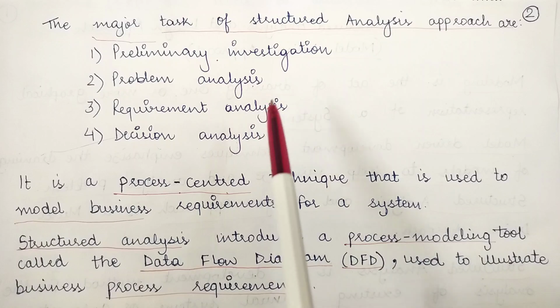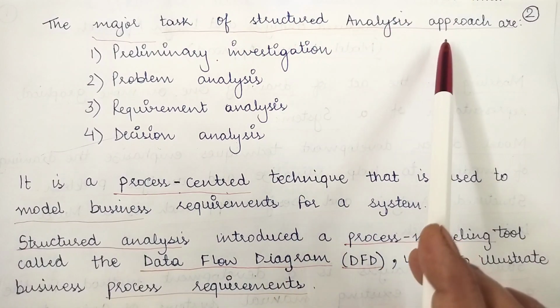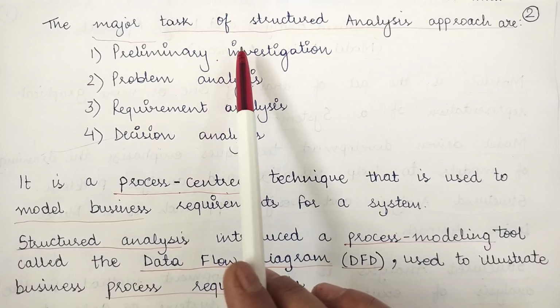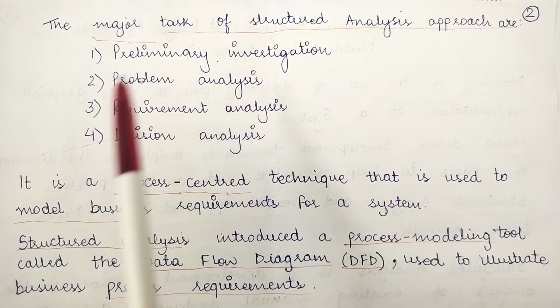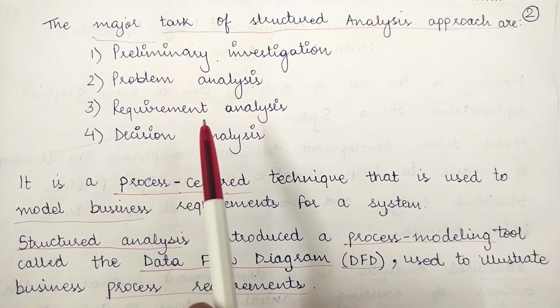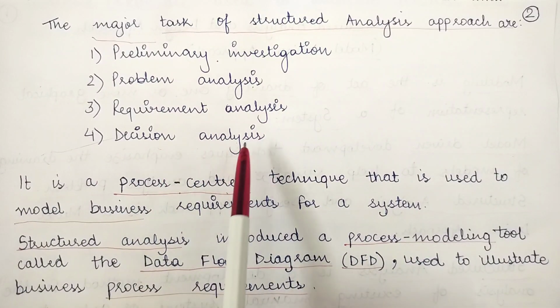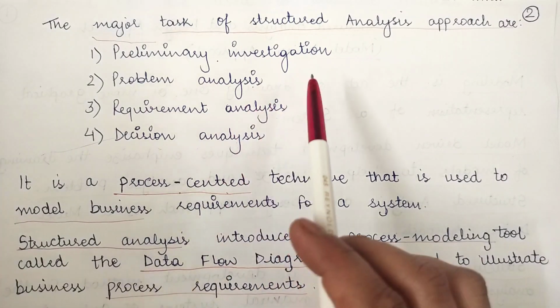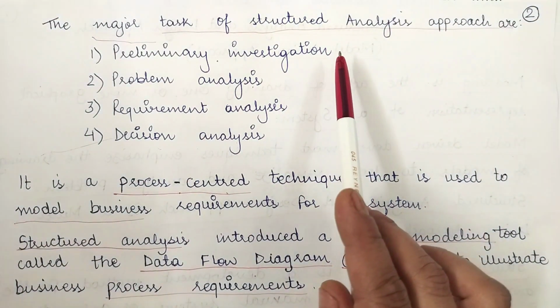So when seen in sequence, there are 4 major tasks of the structured analysis approach. The first task is preliminary investigation. The second task is problem analysis. The third task is requirement analysis. And the fourth task is decision analysis. So if we look at these in detail, we will see that basically preliminary investigation is the first task that is done.